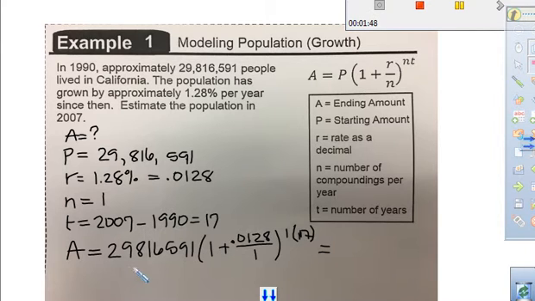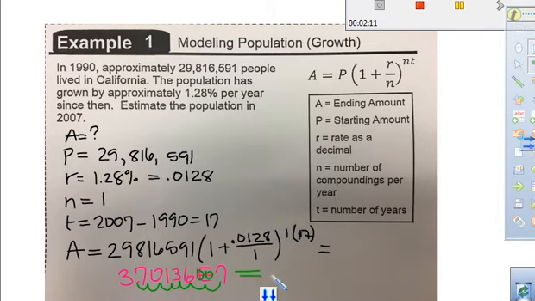Now when you type it on the calculator, they give you an E, and just as a reminder, when you get an E to the 7, that scientific notation means I need to move it over 7 places. 1, 2, 3, 4, 5, 6, 7. So I need to add 2 zeros.